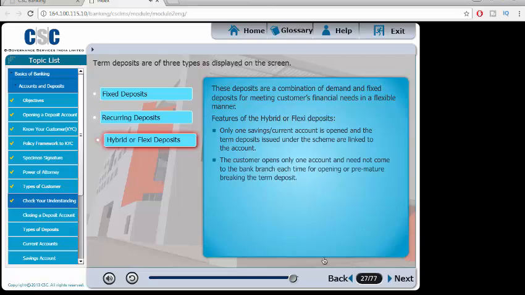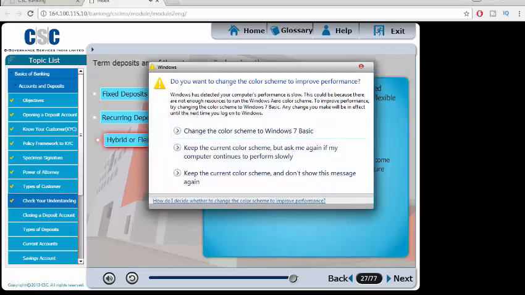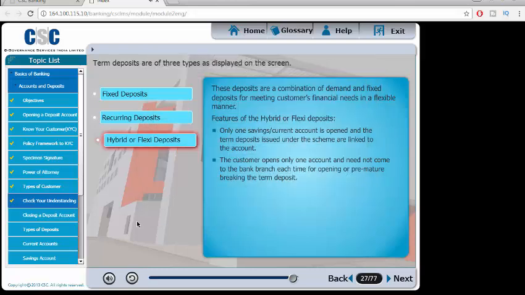The customer opens only one account, savings or current, and need not come to the bank branch each time for opening or premature breaking the term deposit. It offers advantage of higher interest earning. The customer earns higher interest on his surplus funds than is possible when he opens two separate accounts, savings and term deposits.